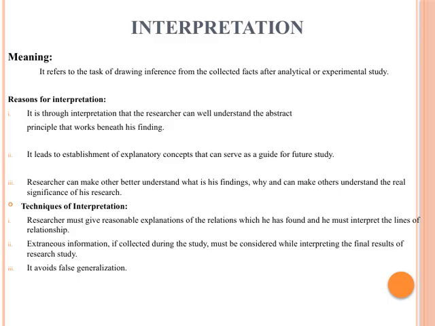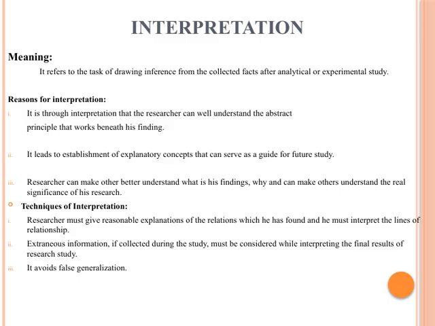Interpretation also helps us communicate our findings more clearly. It allows us to explain why our results matter and helps others see the true significance of our work. When it comes to techniques, it's essential that we provide reasonable explanations for the relationships we've identified. We need to interpret how these relationships connect and what they mean.